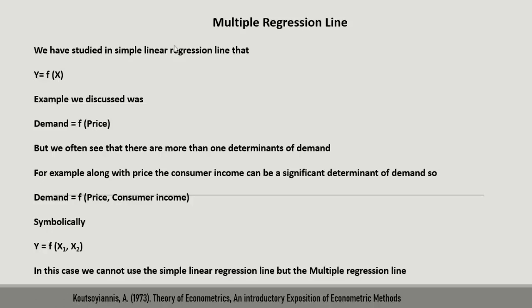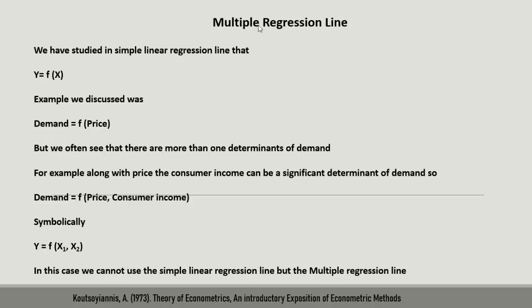If we write it in functional form, we can write y as a function of x. Suppose we take an example of the law of demand. We can say that demand is a function of price. Here demand and price are two variables, where demand is the dependent variable while price is the independent variable. So it becomes the case of a simple linear regression model.